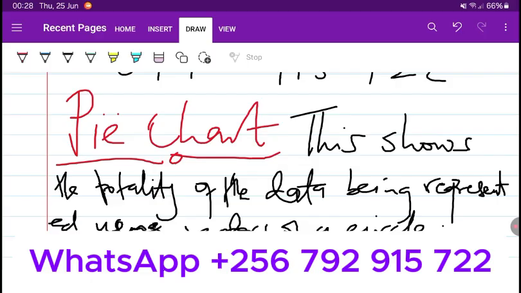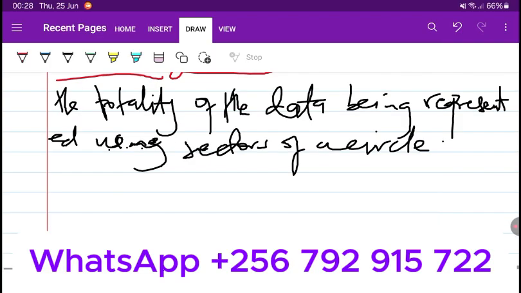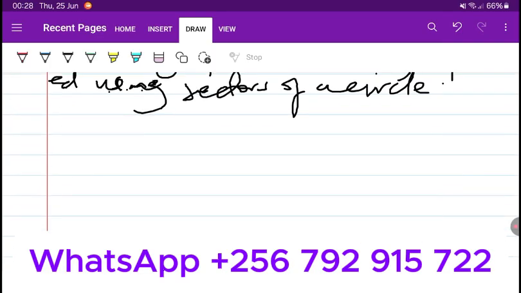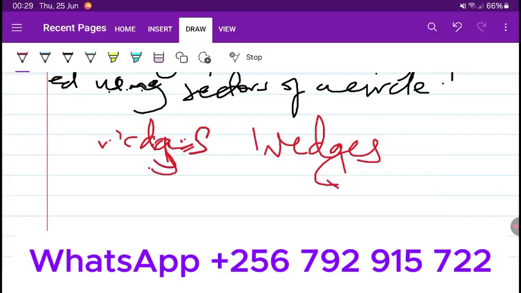The variable that we might be dealing with in this perspective could be a nominal or a categorical variable. A pie graph is just a circle that is divided into sections, or what we call wedges, W-E-D-G-E-S.